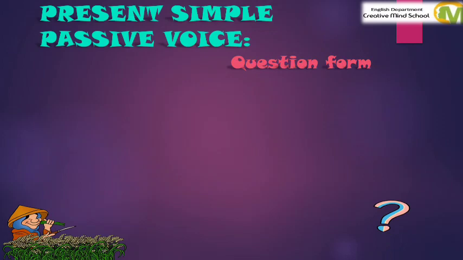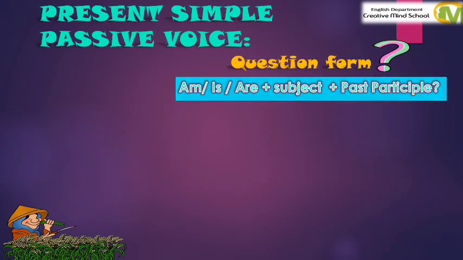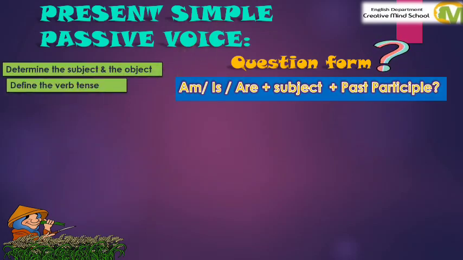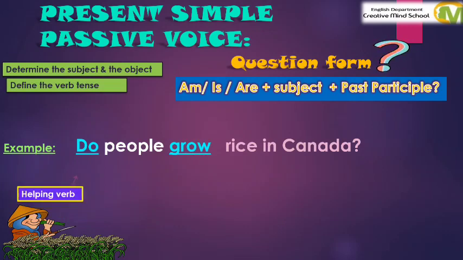To form a question in the present simple passive voice, first you should know the form, which is am or is or are plus the subject plus the past participle. Now, remember the steps: determine the subject and the object, then define the verb tense. In this example, do people grow rice in Canada?